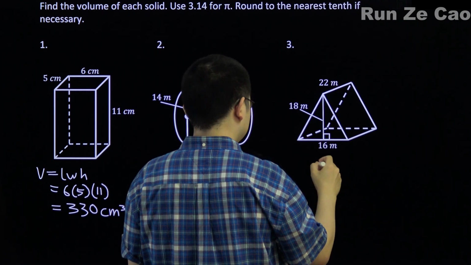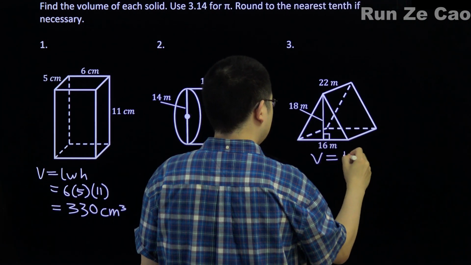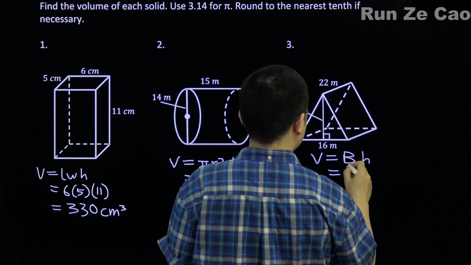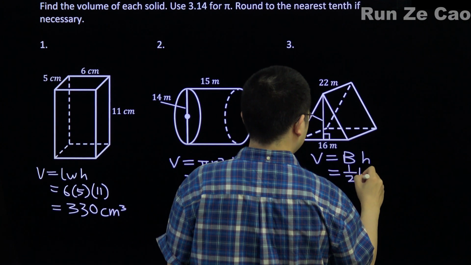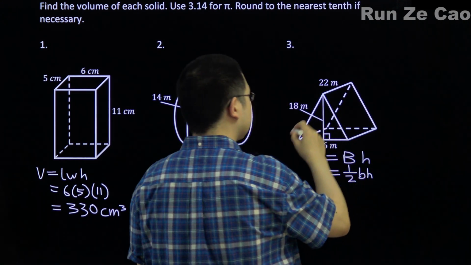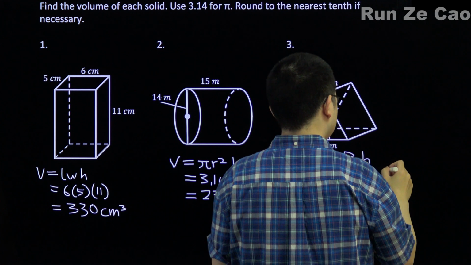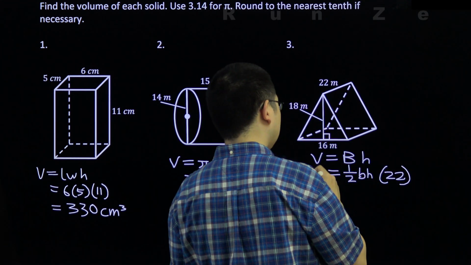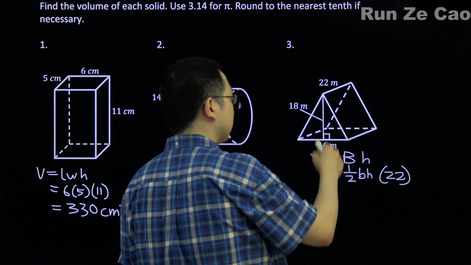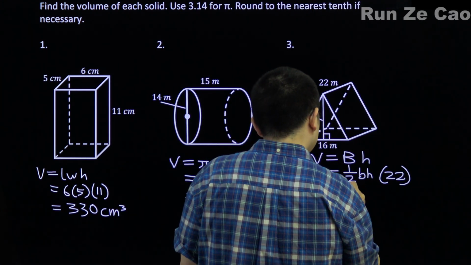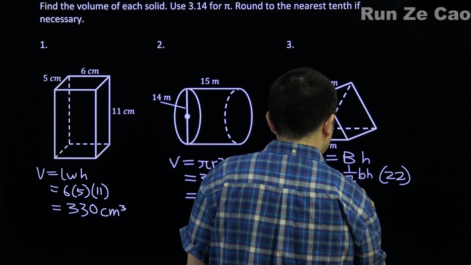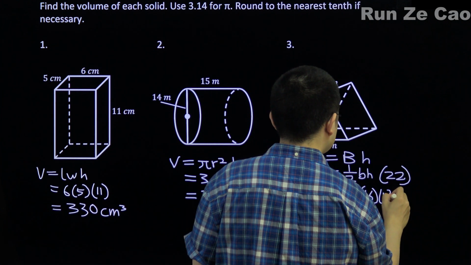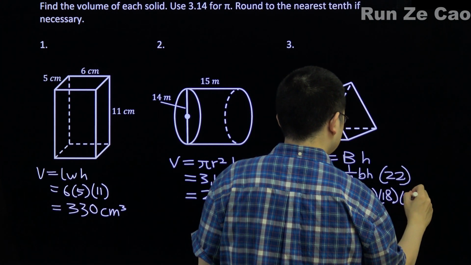Now this volume is equal to base area times height. Now that base area is 1/2 base times height of the triangle. And the overall height of the triangular prism is 22 meters. So 1/2 times 16 times height, which is 18, times 22.